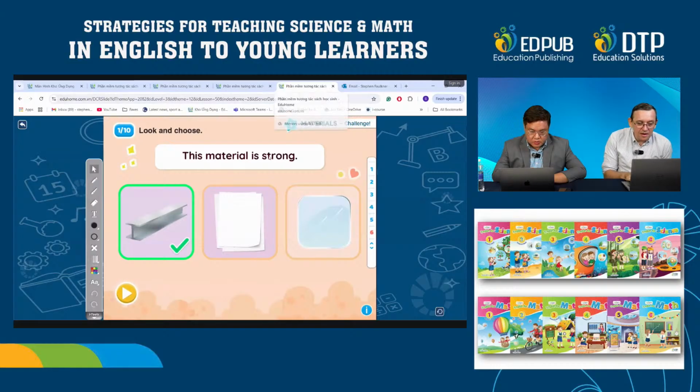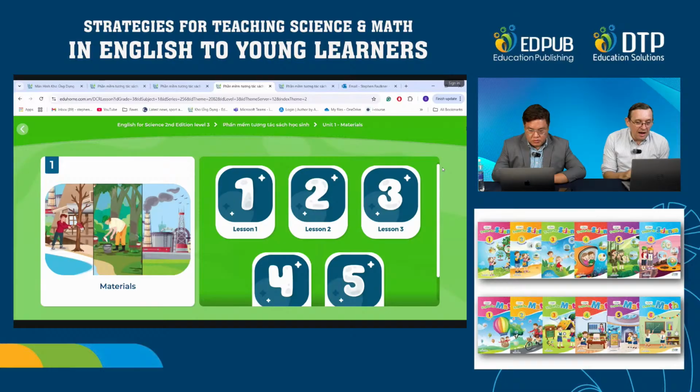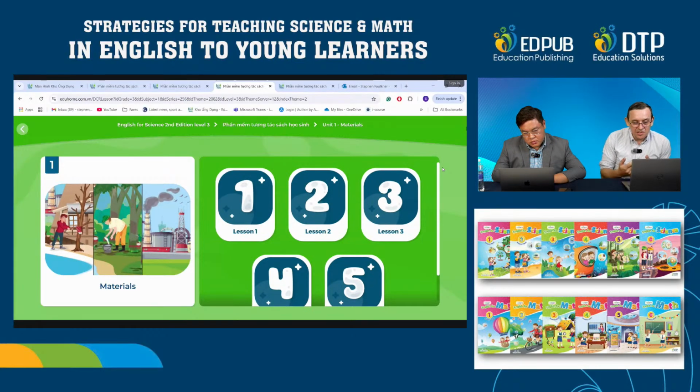So this is the software that's available for the book, and it has all the extra activities included in the lessons. So I teach using this, and I teach using the book, and the students absolutely love this kind of software because they can get to interact, and there's also games built into the software.